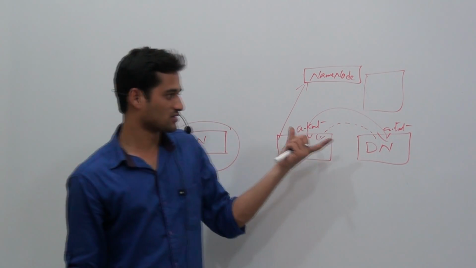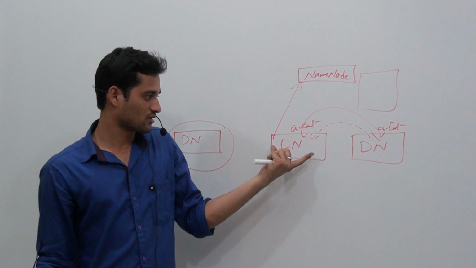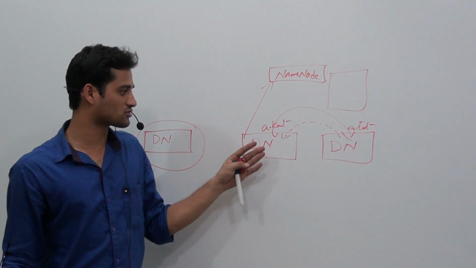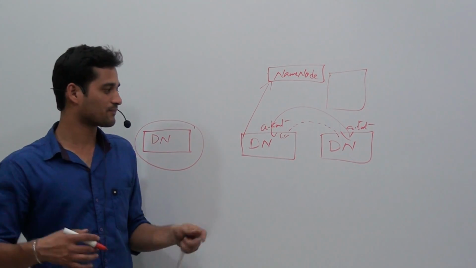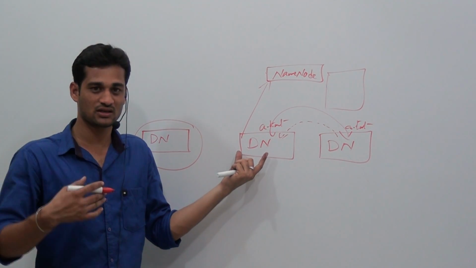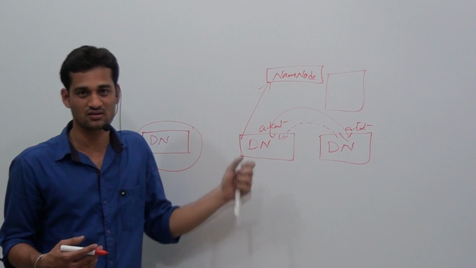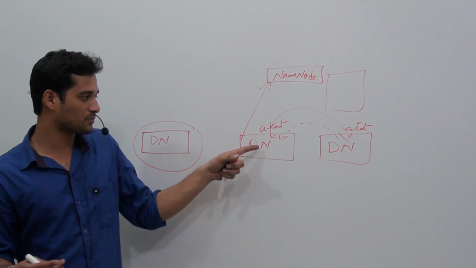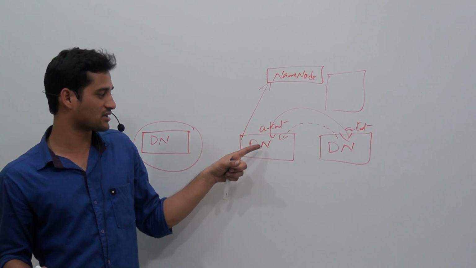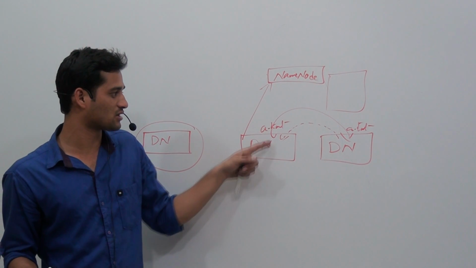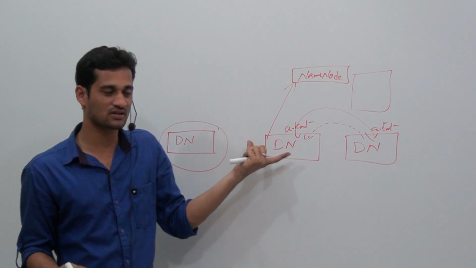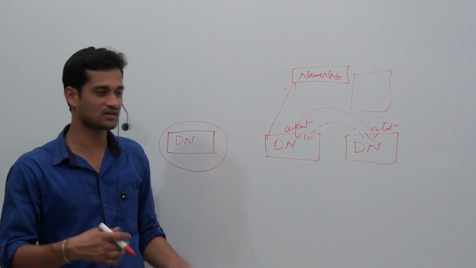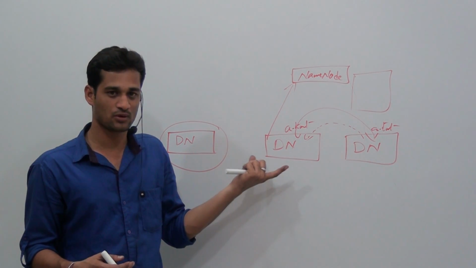Each and every time, the data node sends a heartbeat and a block report to the name node, to say that it is alive and that it has some blocks. The heartbeat is given periodically to say that it is working properly and is not dead.